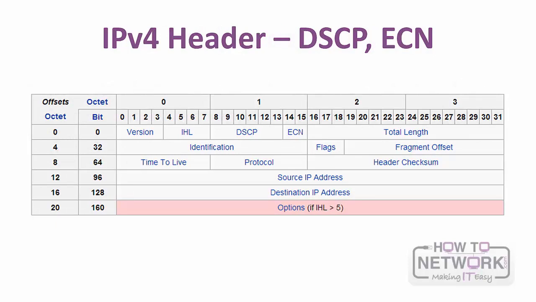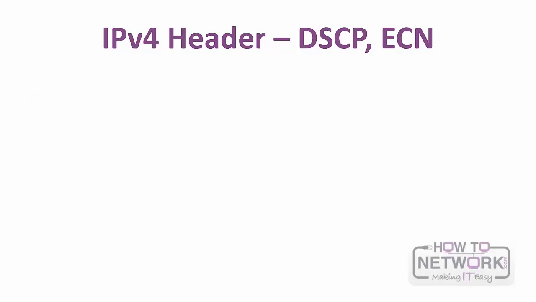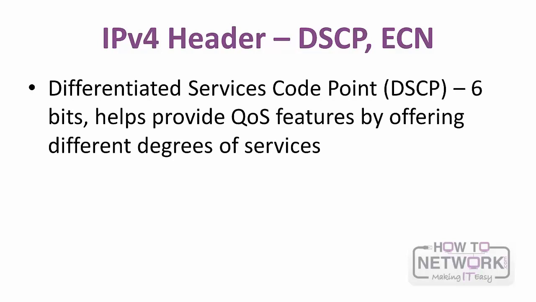Differentiated Service Code Point, DSCP, 6 bits, and Explicit Congestion Notification, ECN, 2 bits, were originally defined as the 8-bit type of service field. DSCP helps provide quality of service (QoS) features by offering different degrees of services.